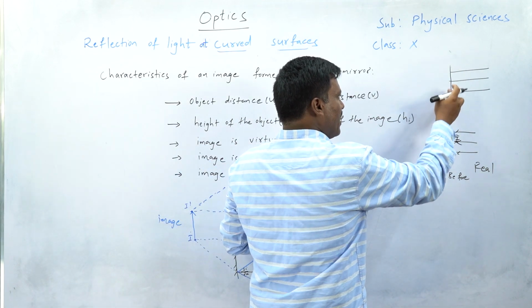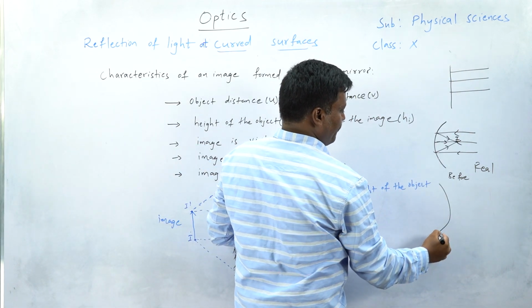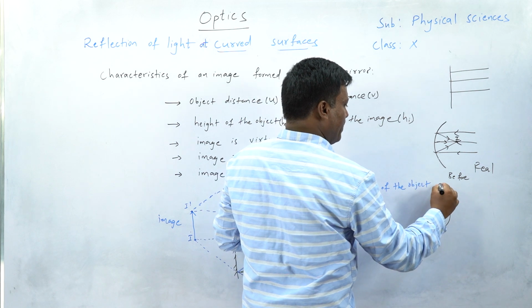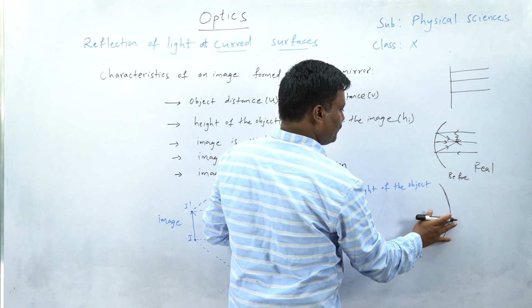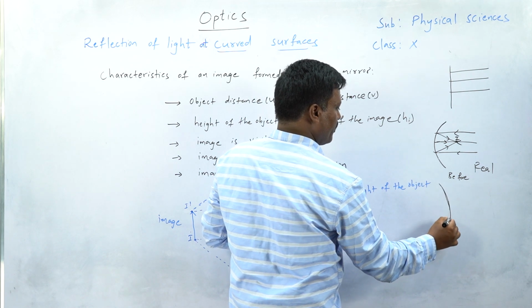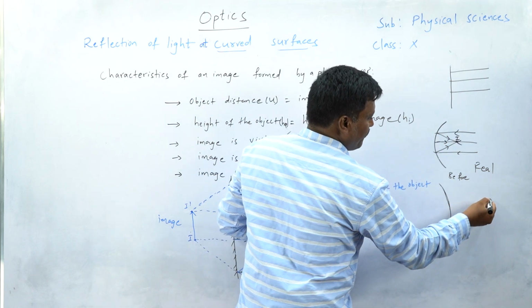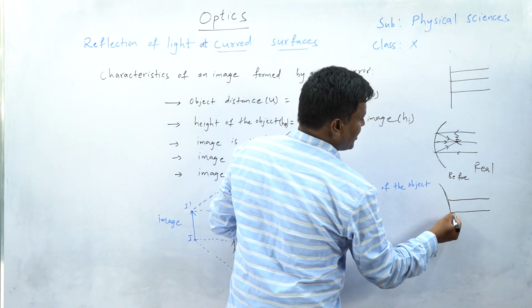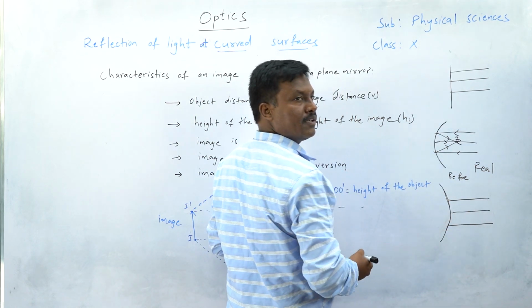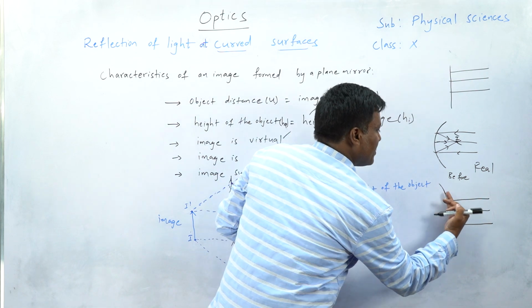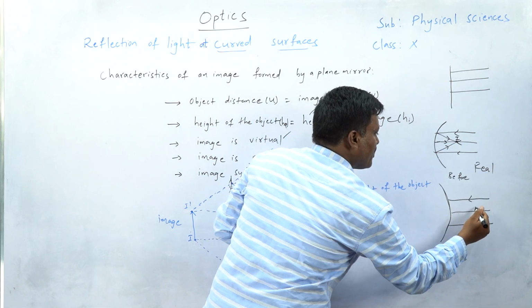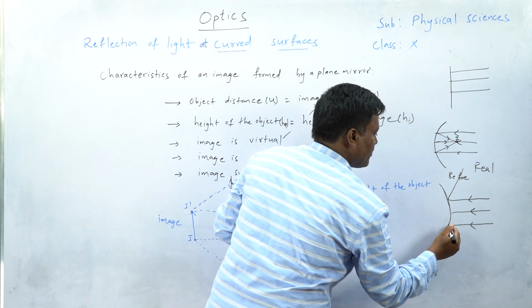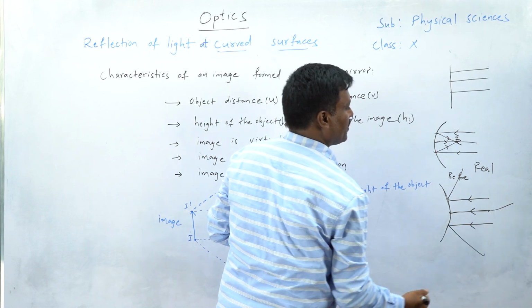I will bend this one in this way. When I bend it this way, you see, the same light rays, when incident on it, what happened? Since the surface is this way, after reflection, this one goes this way, this one goes this way, and this one traces the same path.